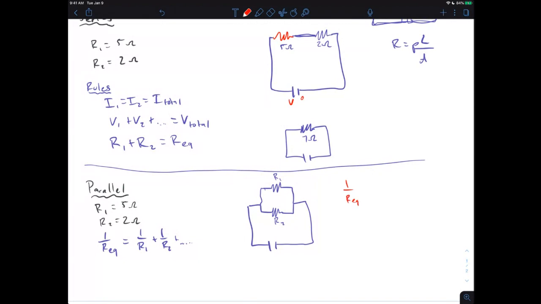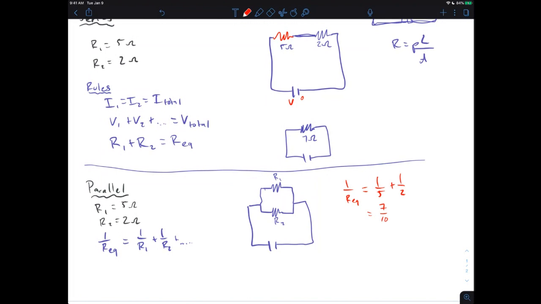So if I said 1 over 5 plus 1 over 2, okay, this here is going to be equal to, let me go and do this. This is 7 over 10. Okay. So I have 7 over 10.